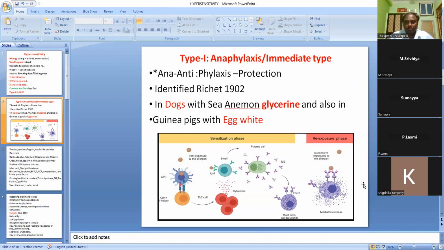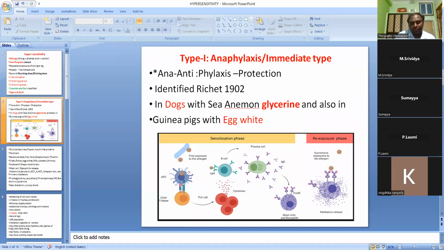In type 1 or immediate type of hypersensitivity, whenever some special type of antigens enter into our body, antigen presenting cells engulf the antigen. Here these are the antigens, this is the antigen presenting cell, APC, and this is the T helper cell.